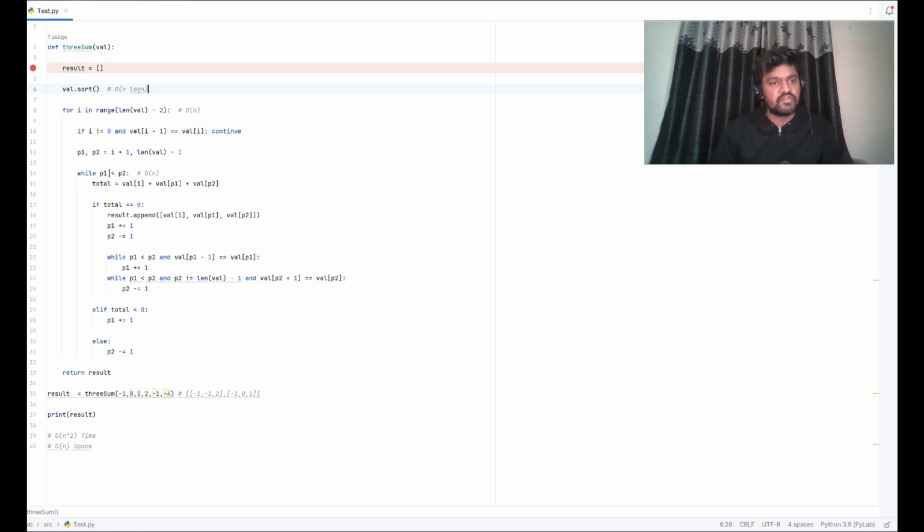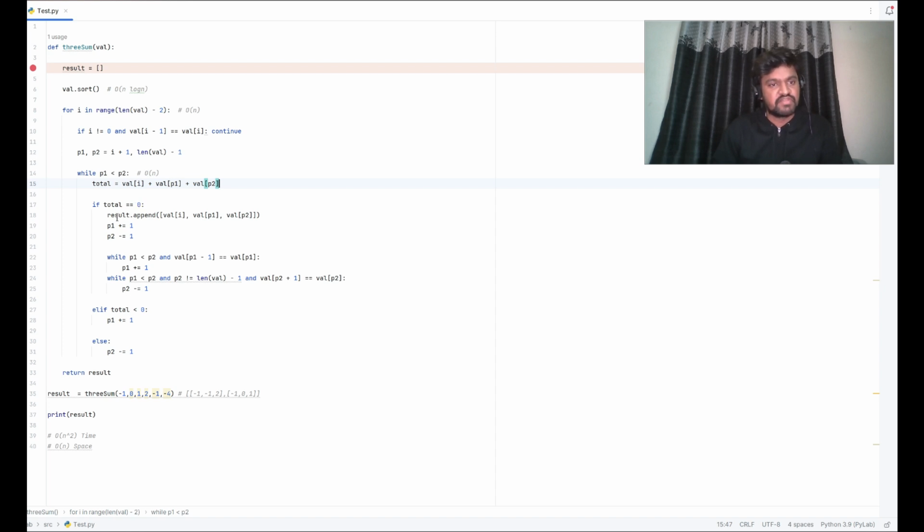And we have a while loop. This while loop shouldn't cross and shouldn't overlap, so p1 should be lesser than p2. Here I have an addition. This addition is summing up the value of i, value of p1, and value of p2. Once we have summed up, we have an if condition that checks whether the total is 0 or not.